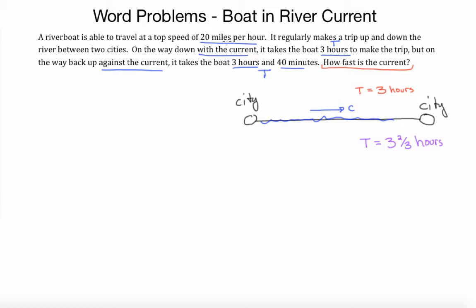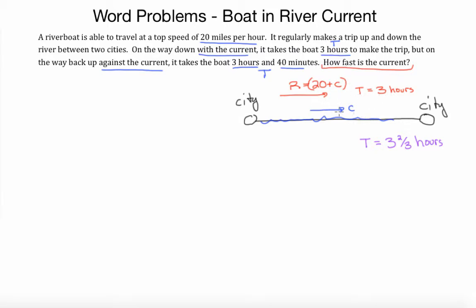Now here's how we link these two things together. Downstream, if the boat's chugging along, my rate of speed is that 20 miles an hour that the boat can go, plus it's going with the current, right? The current's making it go faster. So the rate of speed is actually 20 plus C, the unknown current.